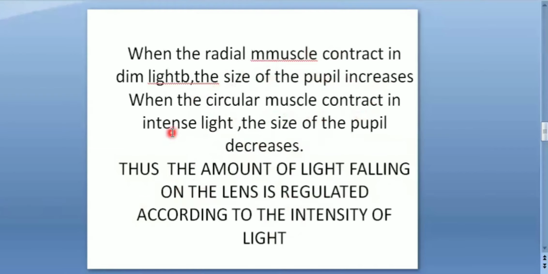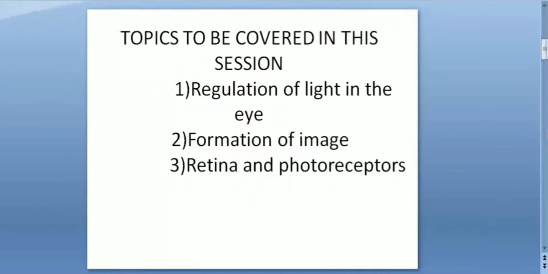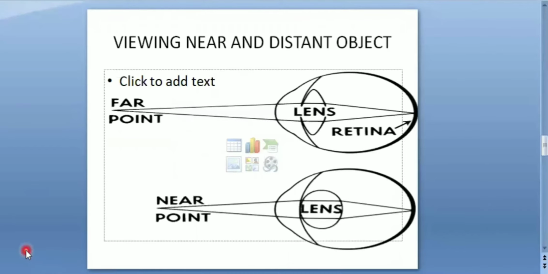Okay, then our next content is, what is the next content? Formation of image. Yes. How the images are formed in the retina. Especially, what about in the near object and distant objects?